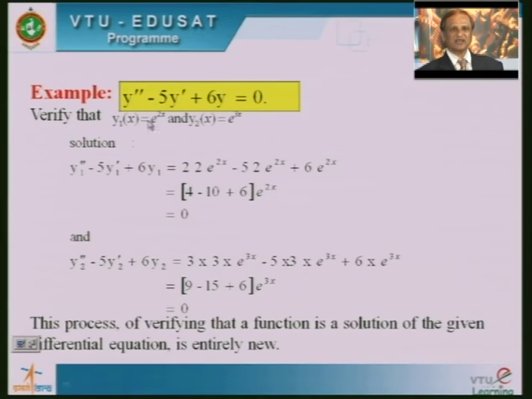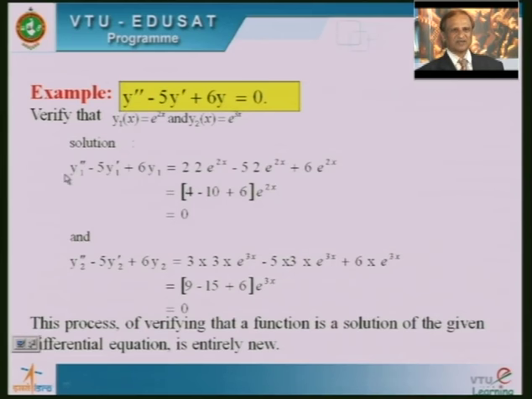Is it clear? The given differential equation also contains y double prime. I have to differentiate this function two times. So, what I will get? 4 into e to the power 2x. Is it clear? I will substitute in the given equation.